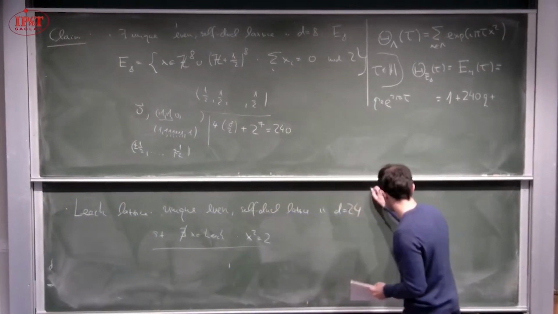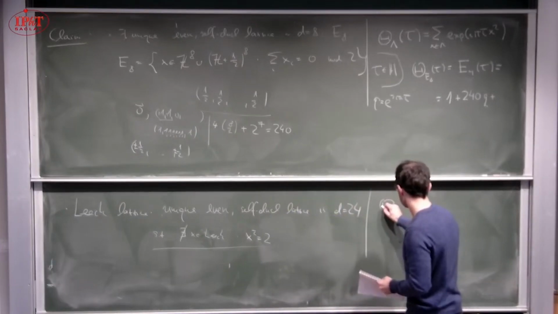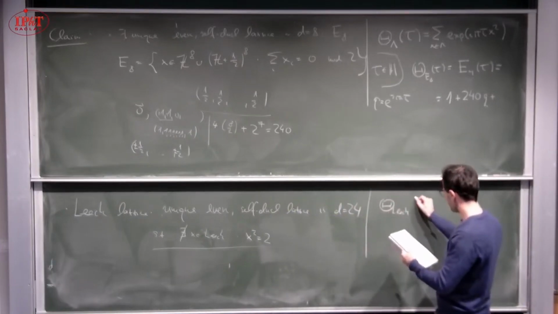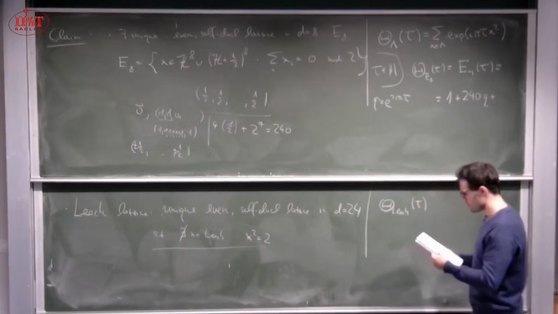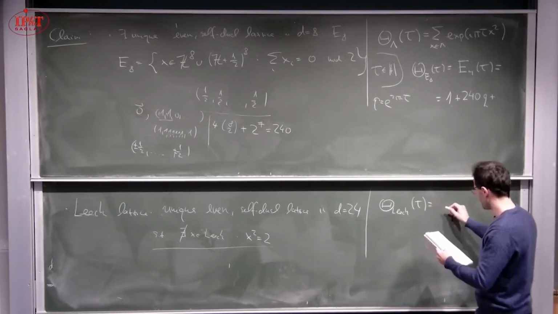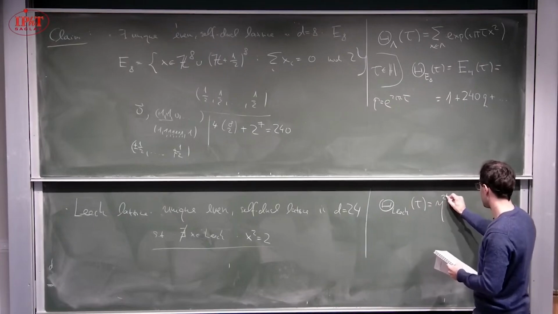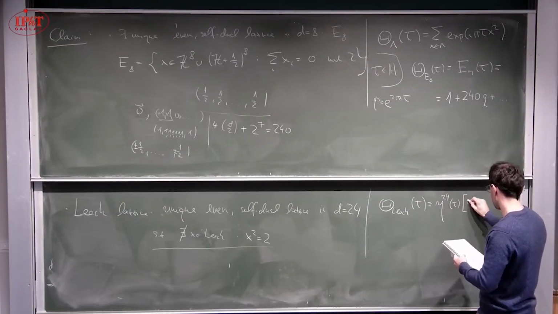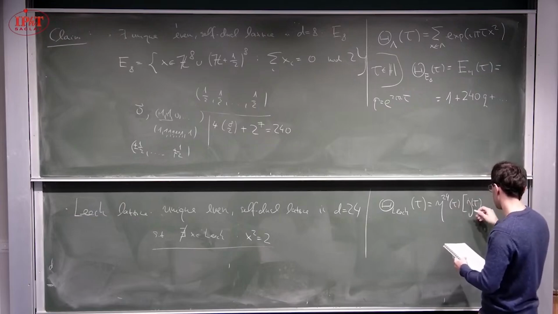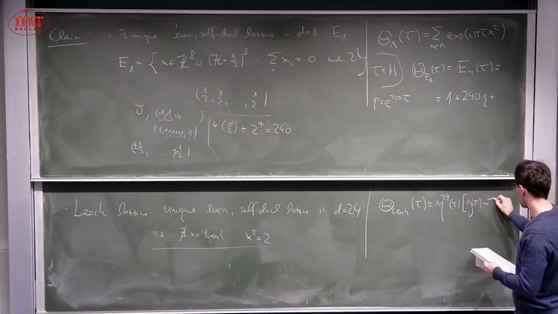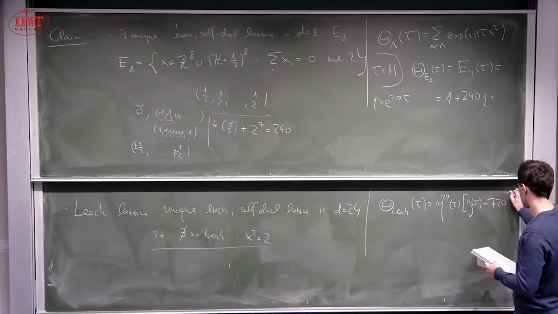And correspondingly, you can write down the lattice theta function, which is now related to the modular invariant. I like to write it in the following way: Dedekind eta times the J invariant. Don't worry if you don't know what exactly these things are, but they are modular forms.